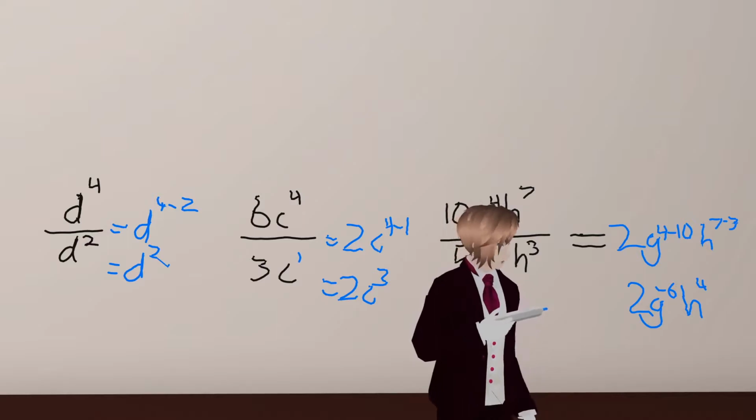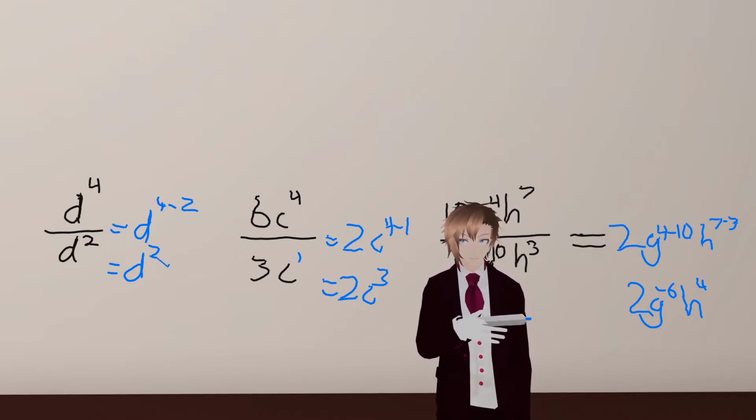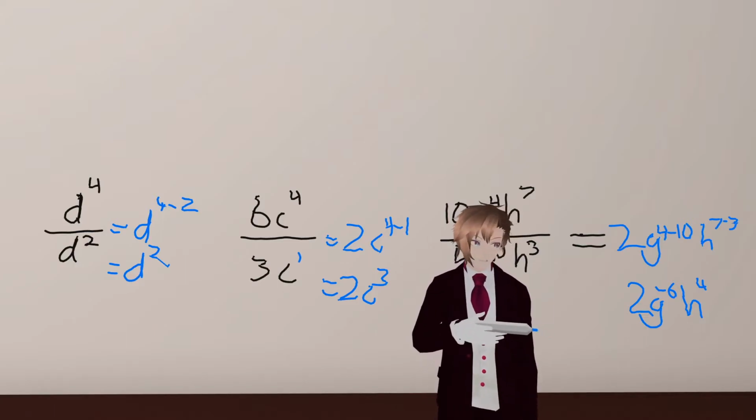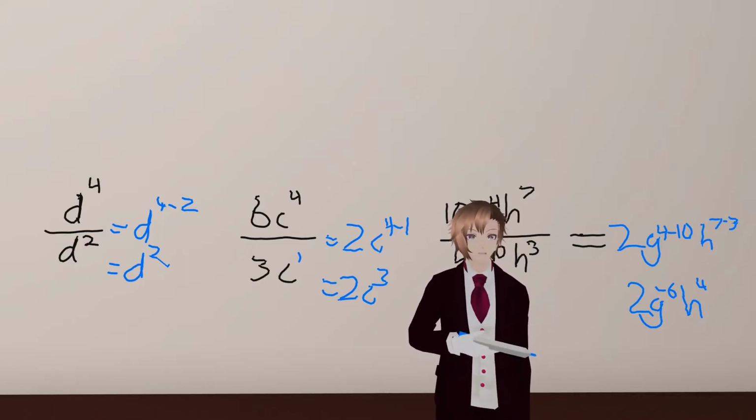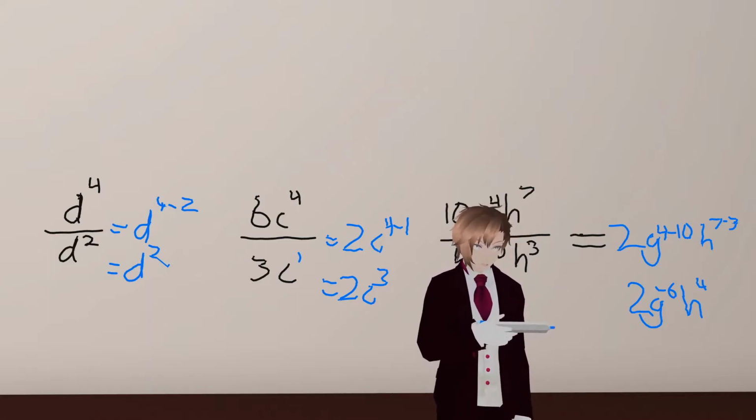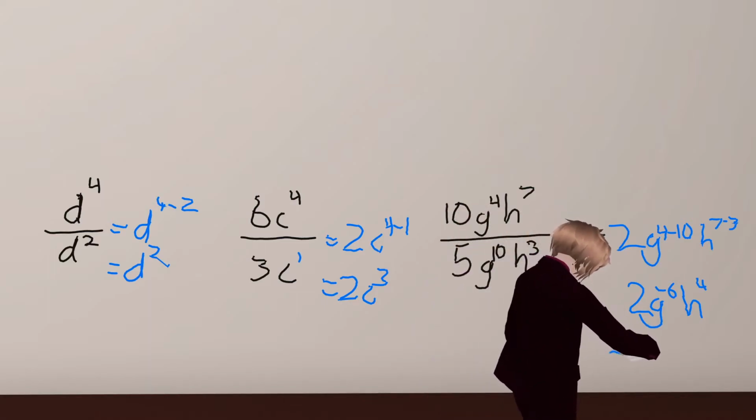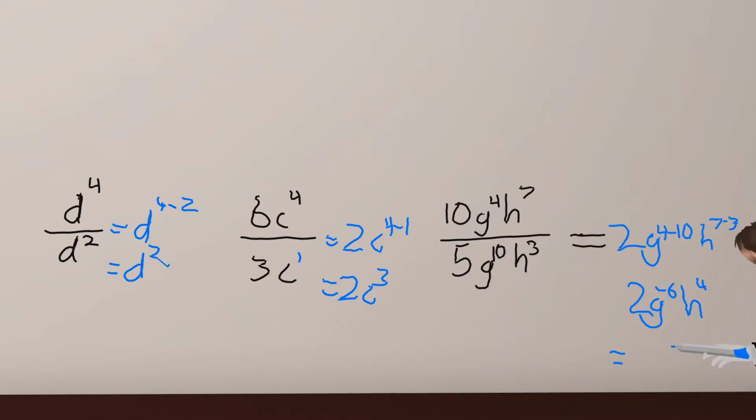Another way you could write this, if you wanted or needed the answer to be all positive numbers, is g to the negative 6 is the same as dividing by g to the power of 6. So let's rewrite that. So we have 2 divided by g to the power of 6, and then there's h to the power of 4 on the top. So this g to the negative 6 is the same as writing g to the power of 6 on the bottom of the fraction.